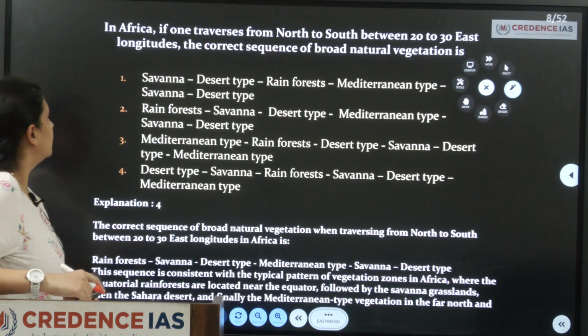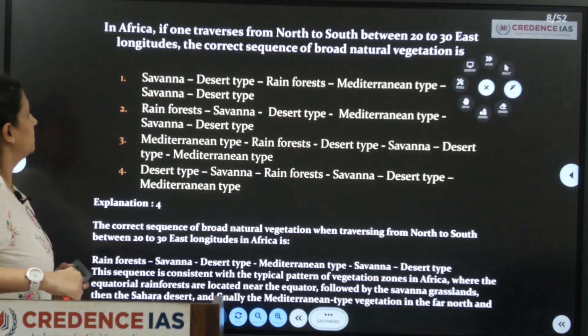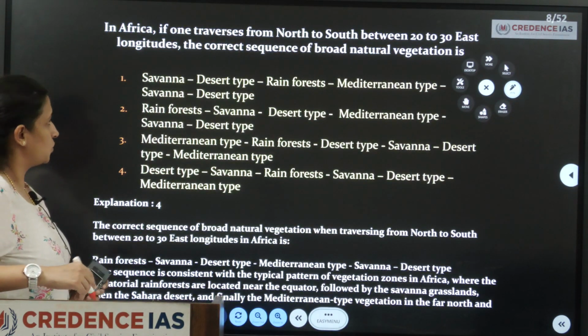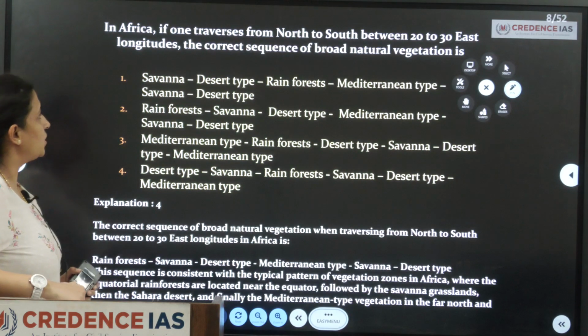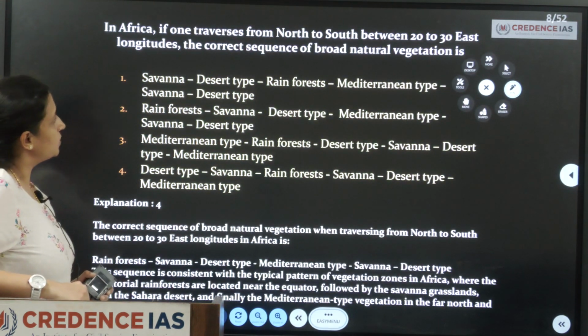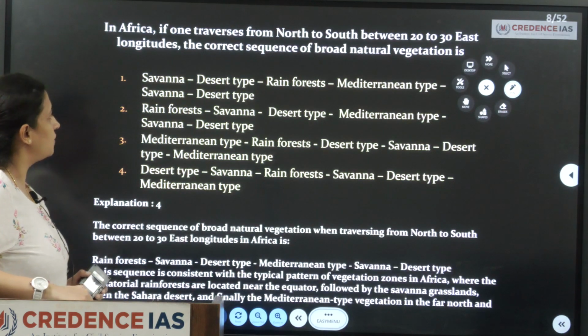Next question. In Africa, if one traverses from north to south between 20 to 30 east longitudes, what is the correct sequence of broad natural vegetation?